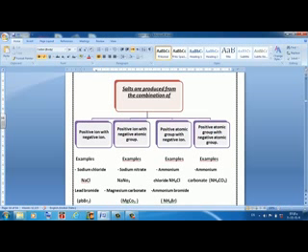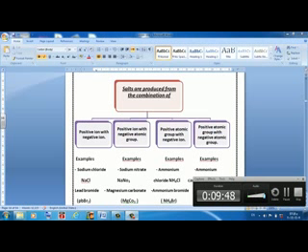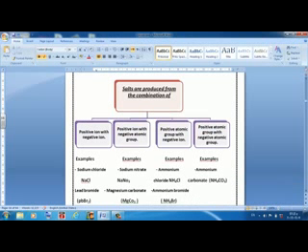The second type of salt: positive ion with negative atomic group. Example: sodium nitrate, NaNO3. Sodium atom Na gives sodium ion Na positive, and NO3 is the nitrate group, which carries a negative charge.